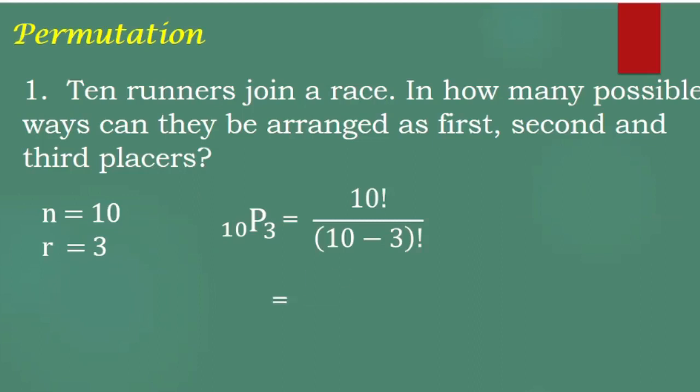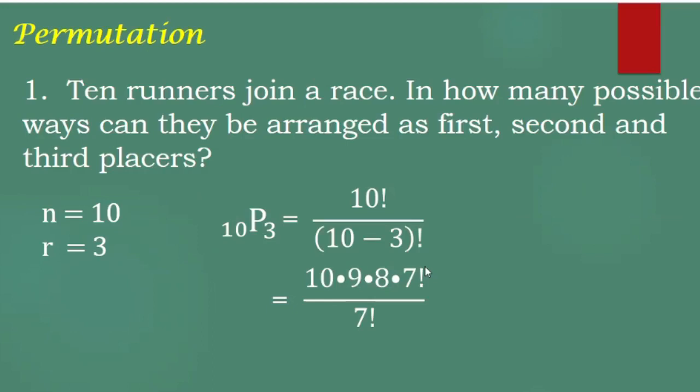To simplify, we have 10 times 9 times 8 times 7. Sir, why did you stop at 7 factorial? Because, class, our denominator here is 7 factorial. Where did I get this 7? 10 minus 3 is 7.